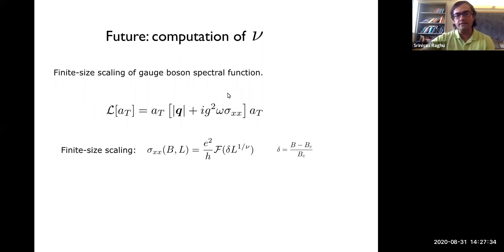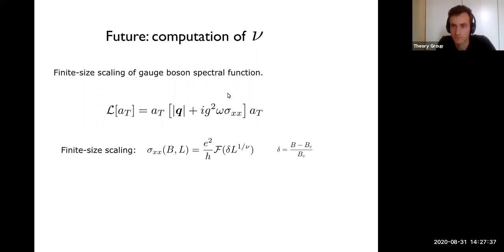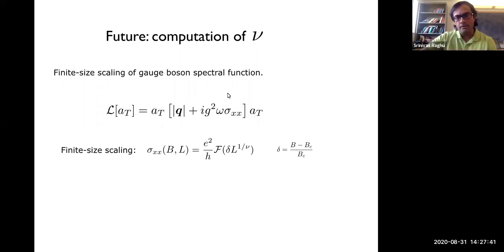Let me just say this though: if we didn't have disorder, the Kubo formula would be replaced by Landau damping. This gauge boson would have Z=3 scaling then, because Landau damping goes like omega over Q, and it would have Z=2 scaling because of the Coulomb interaction. That leads to a perturbatively accessible fixed point.